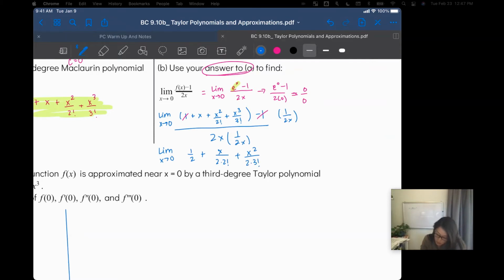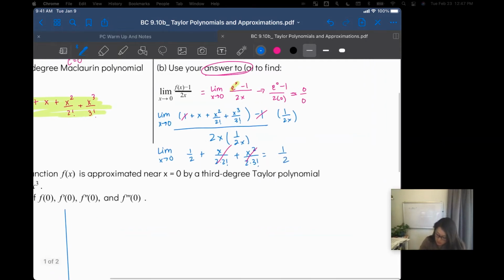And so when I plug in my 0, I just get 0, right? 0 divided by anything is 0. So these are going to go ahead and cancel. So what I end up with is the limit is equal to 1/2.